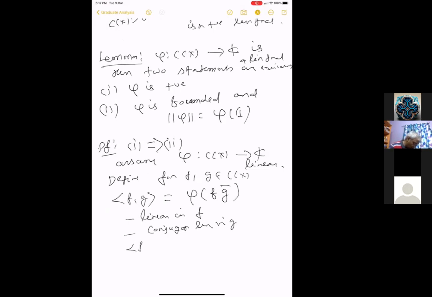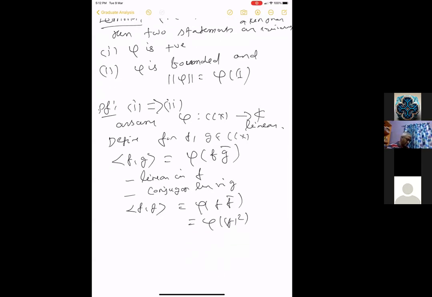That is, if you take f and f, which is phi of f f bar, which is phi of mod f squared. Mod f squared is a function, and because phi is positive, this is greater than or equal to 0. So the positivity condition is satisfied. It's linear, anti-linear. So this is a semi-inner product.